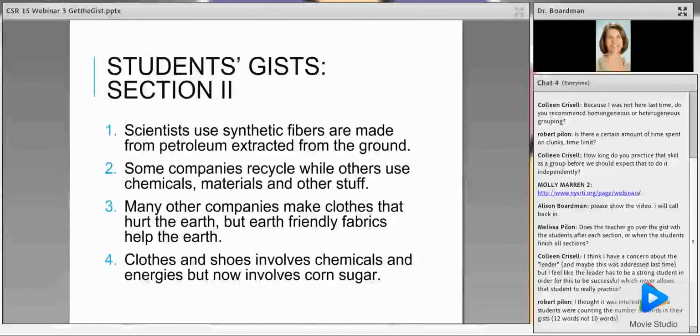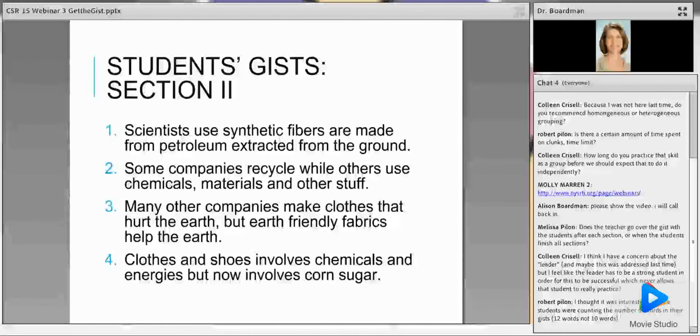To do that, we went through many, many readings, and the researchers and I wrote gists. What we found is that in some readings and in some sections, it was almost impossible to get a high-quality gist in 10 words. So one of the takeaways was you can't be too hung up on the word count.